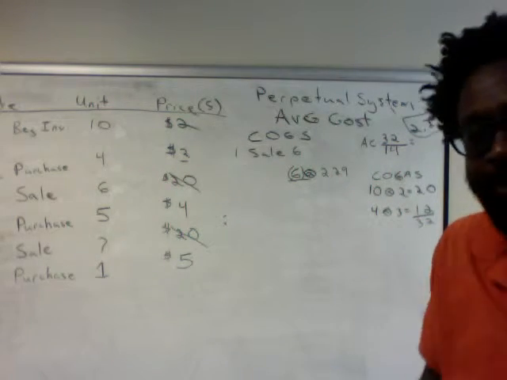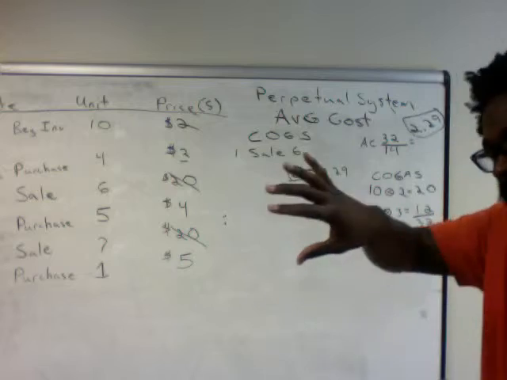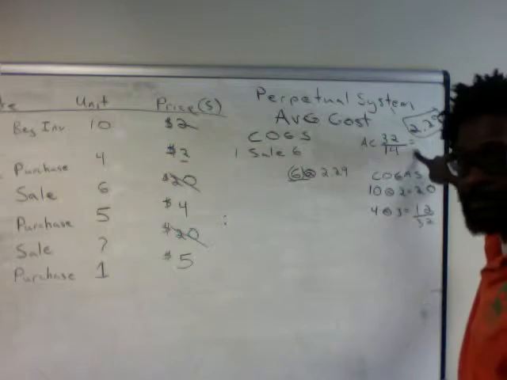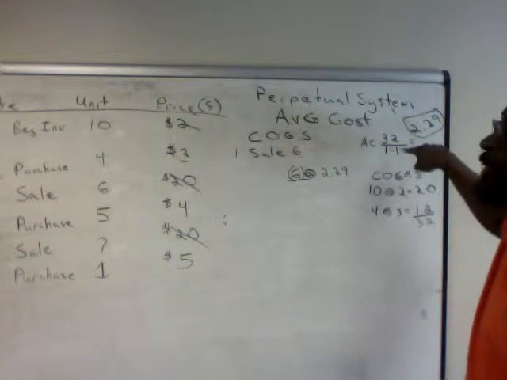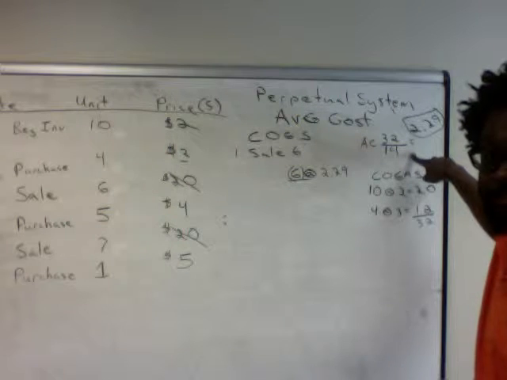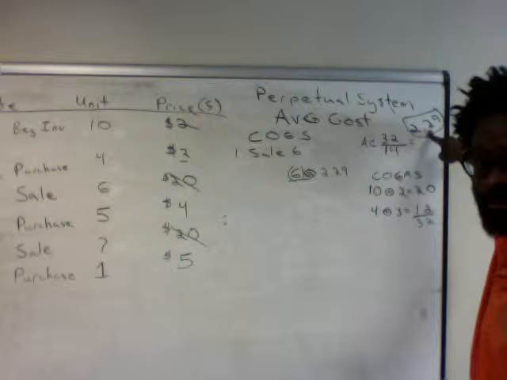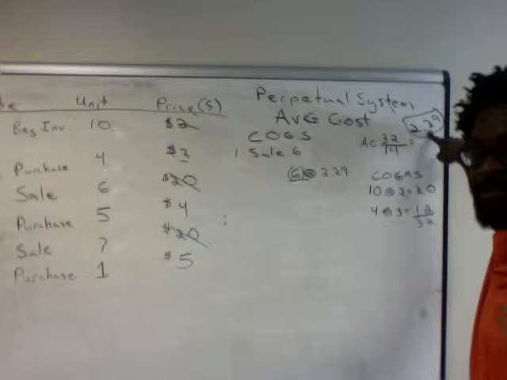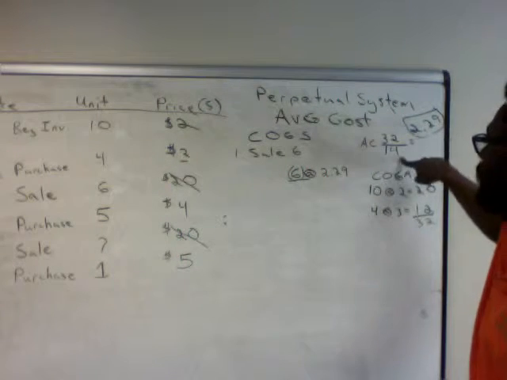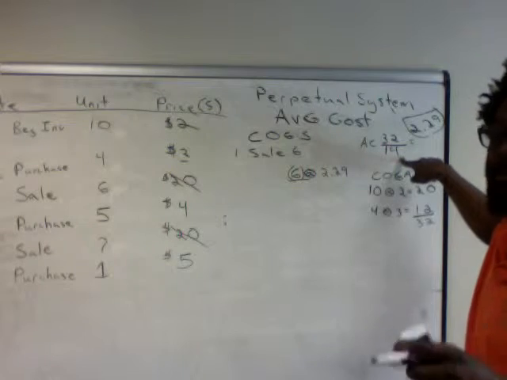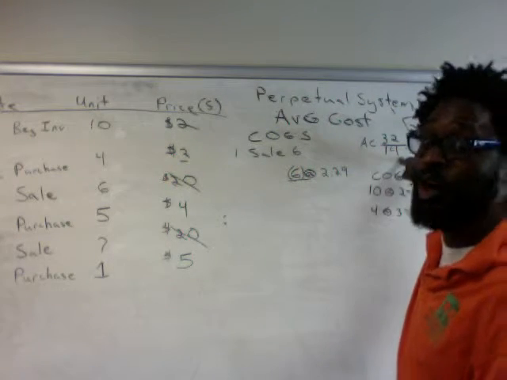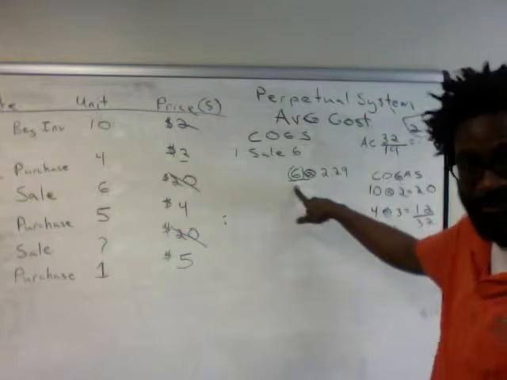And I always ask my students in class to keep in mind the following. How many units did we originally have with an average cost of $2.29 based on this calculation? And the correct answer is we originally had 14 units. How many units do we have now that we sold 6?